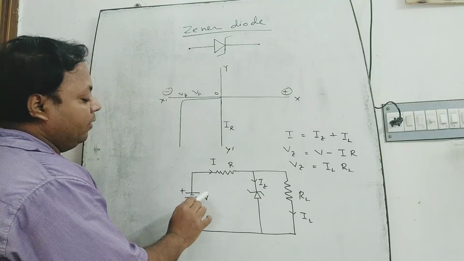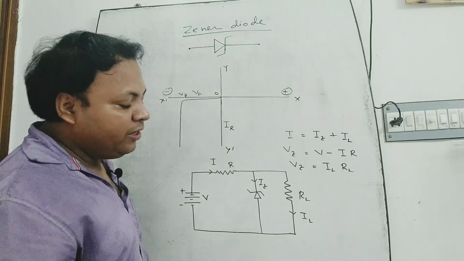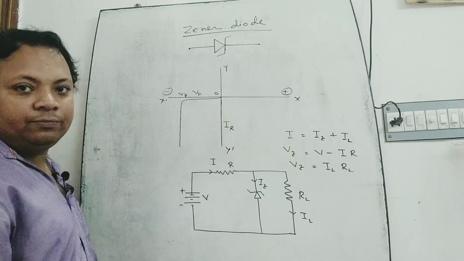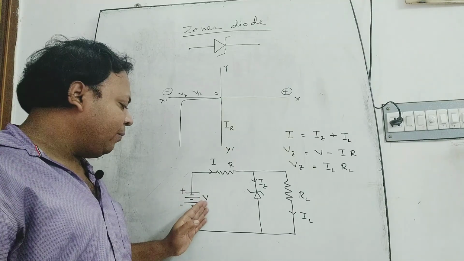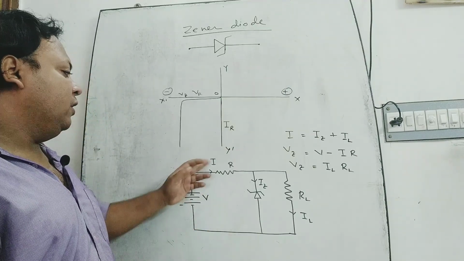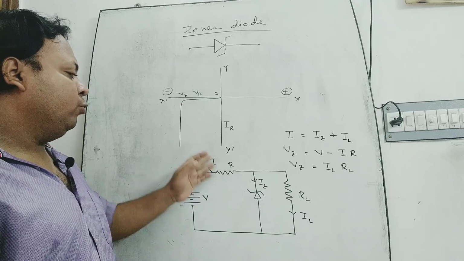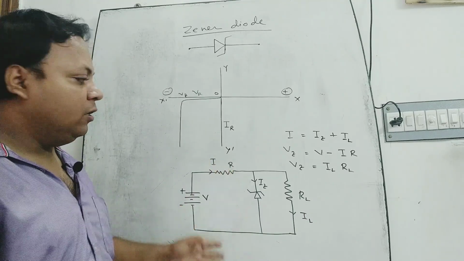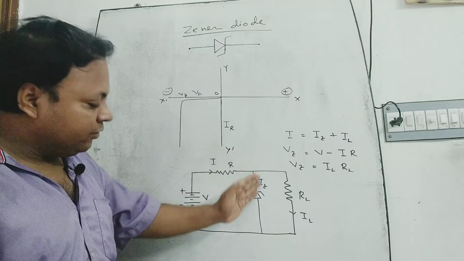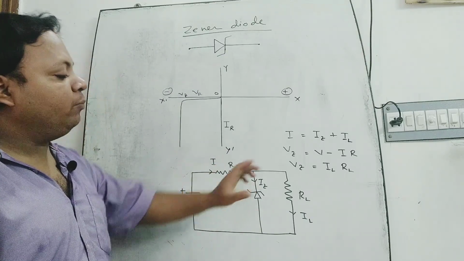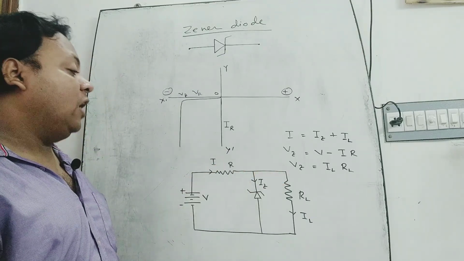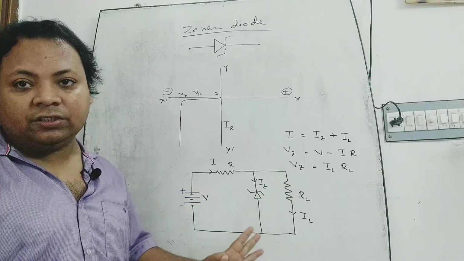Either V increases or decreases. When V increases, the input current I also increases, but the maximum current passes through IZ, and the potential difference across RL, that is VZ, remains constant.